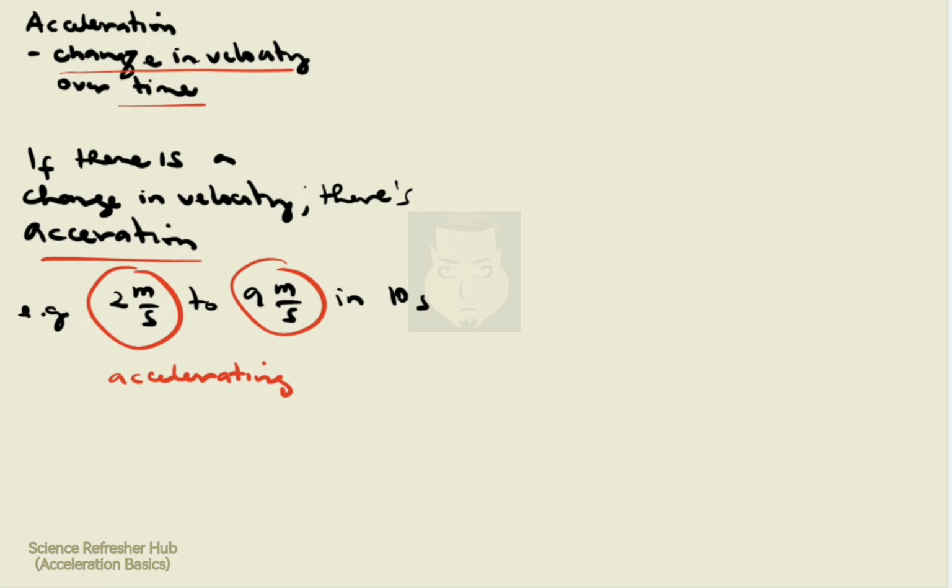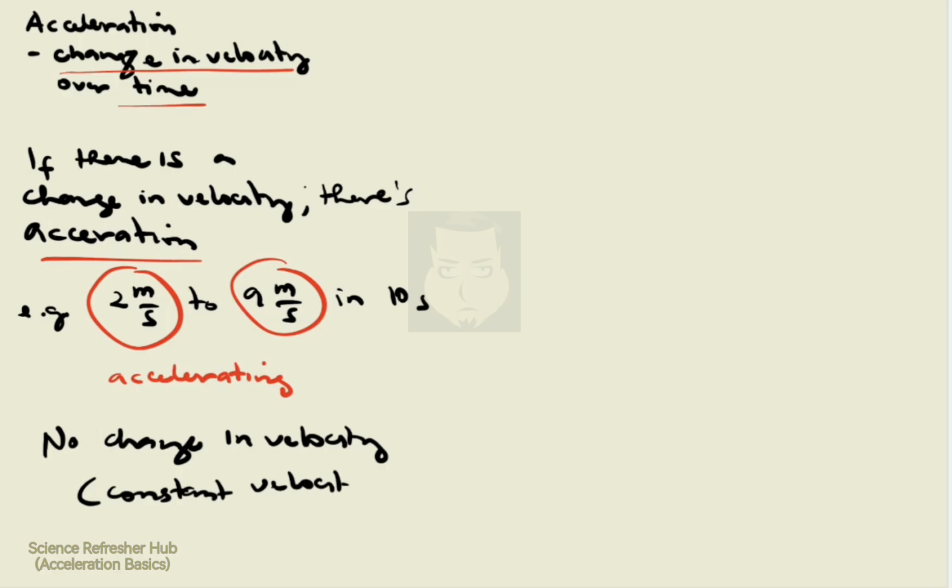Now, if there's no change in velocity, or let's say constant velocity, not changing at all, it maintains its velocity in a specific period of time. Let's say, for example, 3 meter per second in 10 seconds.